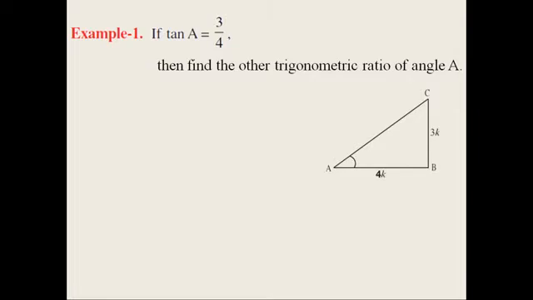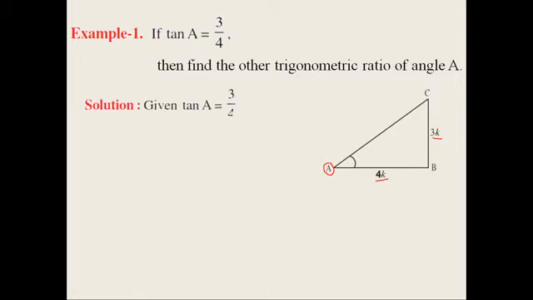We know that tan A is equal to the opposite side by the adjacent side to angle A. So the opposite side to angle A is 3k and the adjacent side is 4k. Here, the length of the adjacent side is 4k and the length of the opposite side is 3k, for this angle A.